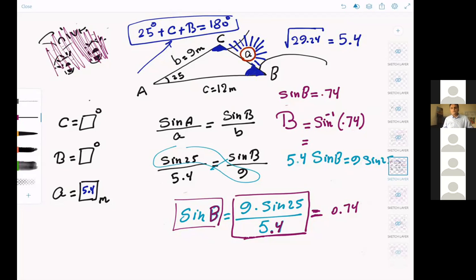What is sine inverse of 0.74? I got 0.83307. No, that's not true. Make sure you have it in degrees. We don't want to lose points. Make sure B is in degrees, not radians.